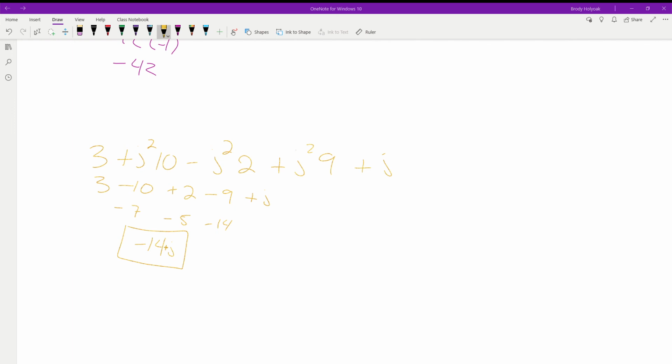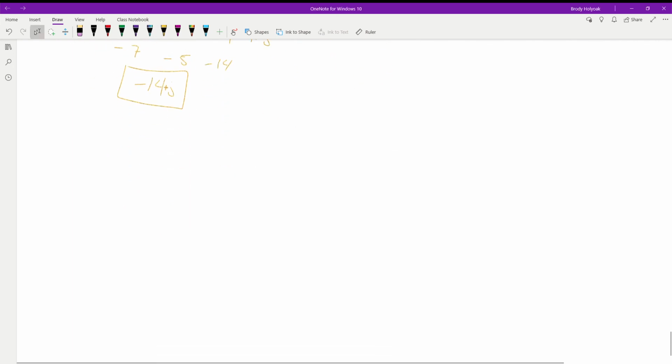For imaginary numbers, the idea is you're going to have some of the powers of j that you'll have to go through and solve for. So j to the 6th is equal to what? Negative 1.